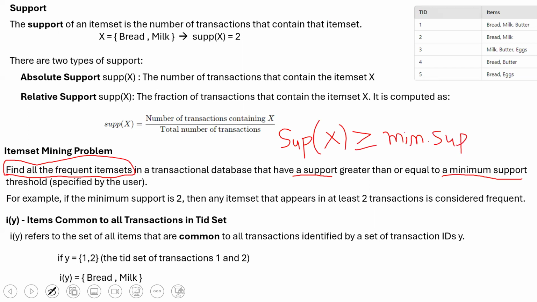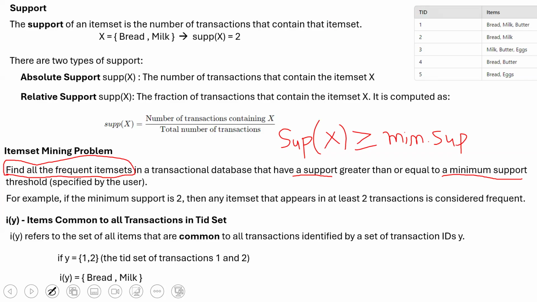It could be a percentage of the number of transactions or some other value. Most probably it would be the percentage of the number of transactions. If it is happening in more than 50% of the transactions, maybe that is your interest. You want to have a look at that and use that to improve your business. So that is all the itemset mining problem is.